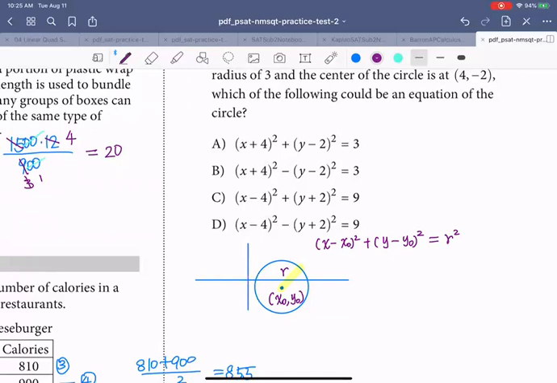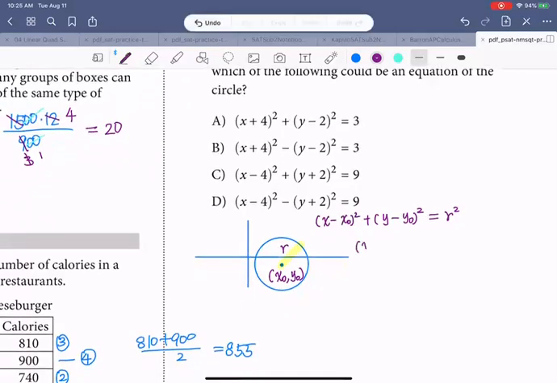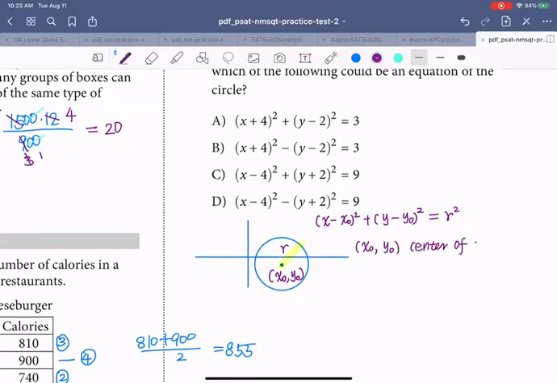This is the standard equation for a circle in 2D. x0, y0 is the center of the circle. Yeah, you want to copy down the notes.